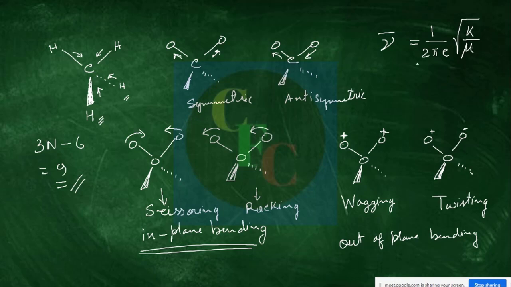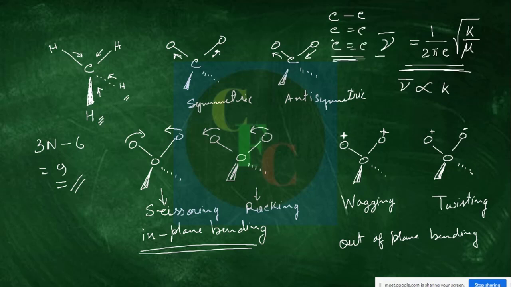So how will this change the frequency? Stronger the bond, higher will be the frequency, because it is directly proportional to the bond strength. So carbon-carbon double bond and carbon-carbon triple bond are stronger bonds, so they will appear at higher frequency than the carbon-carbon single bond. All these aspects we will discuss in the next lecture.